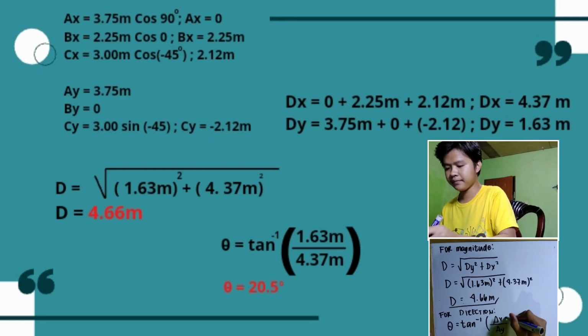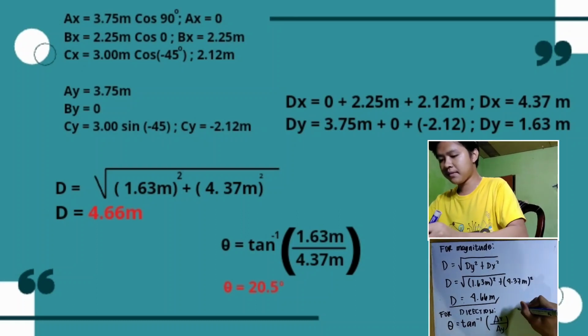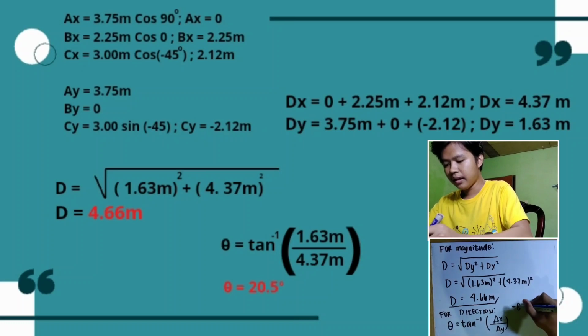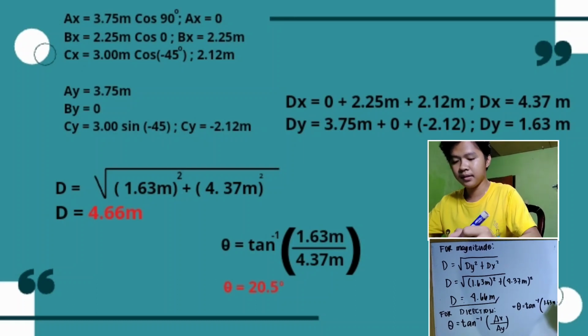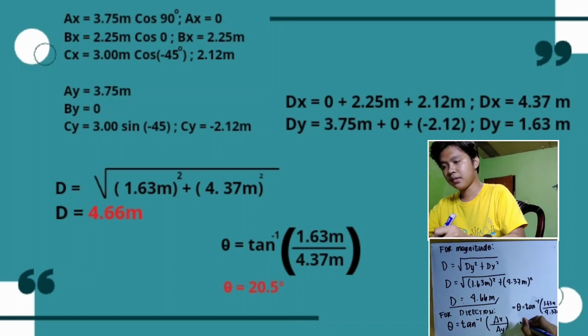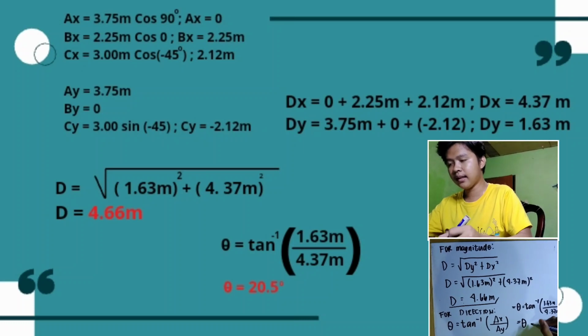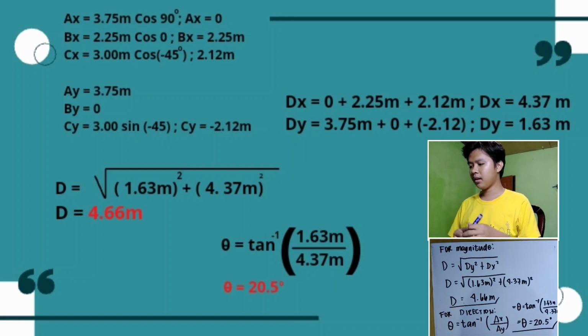So, substitute: angle theta equals inverse tangent of 1.63 meters over 4.37 meters. So, the answer will be angle theta equals 20.5 degrees. This is the answer for the direction.